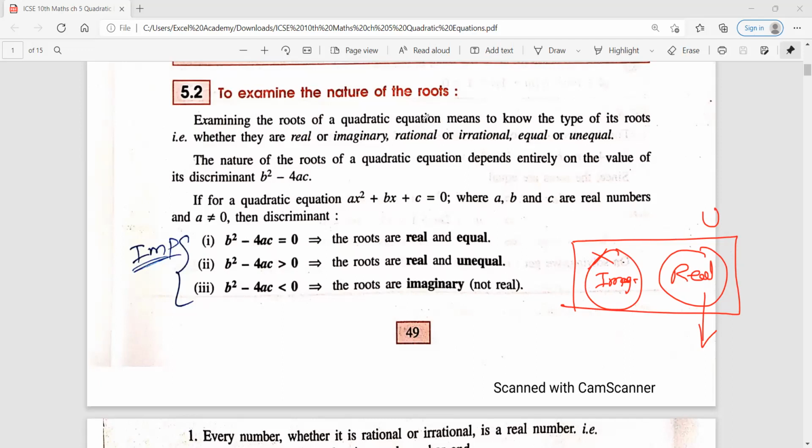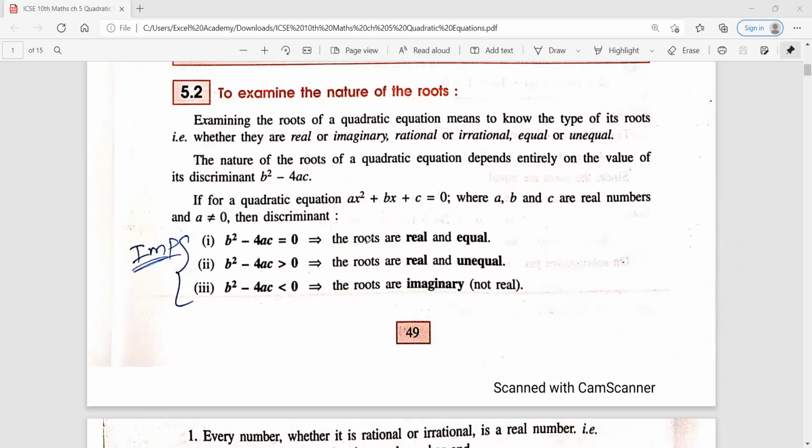Okay. So why is the discriminant important? The reason is that you find the value of the discriminant, and from that you can conclude whether the roots are going to be real and equal, or real and unequal, or imaginary, that is not real.